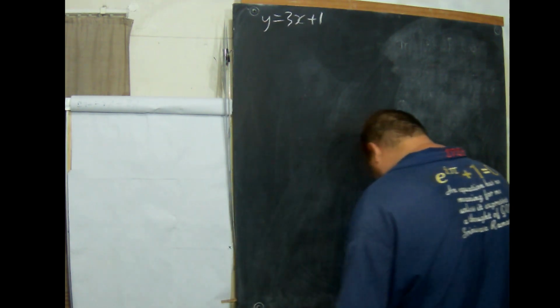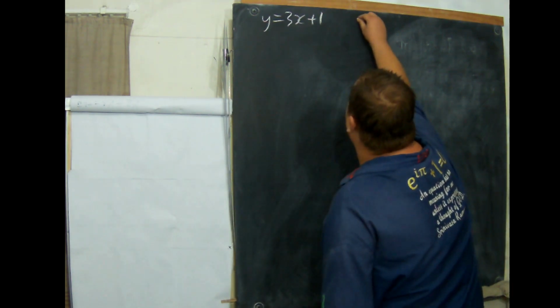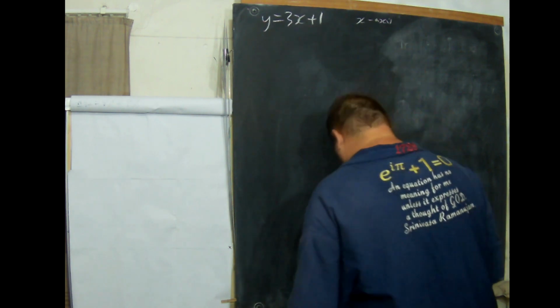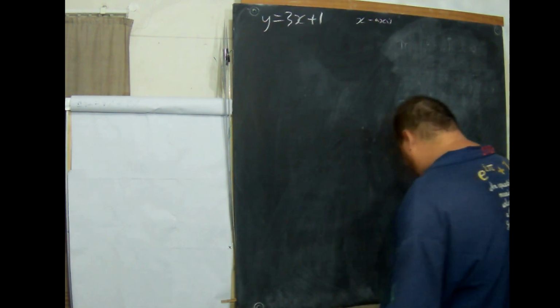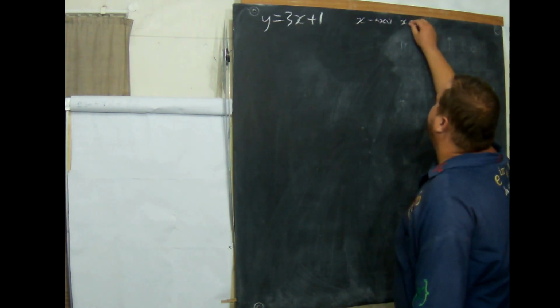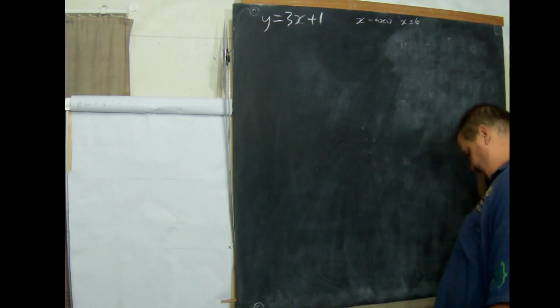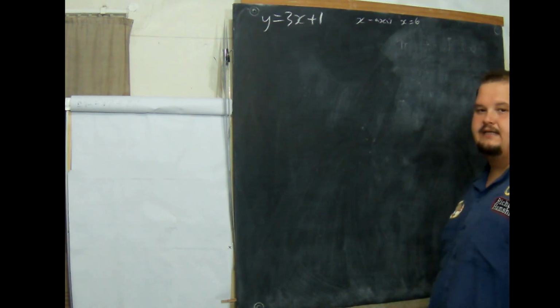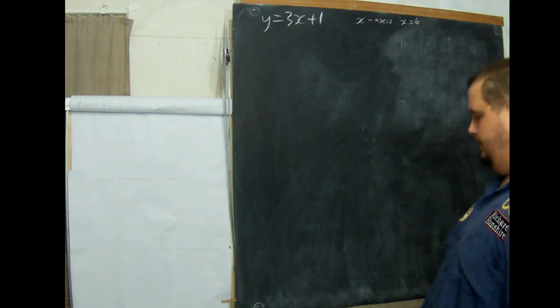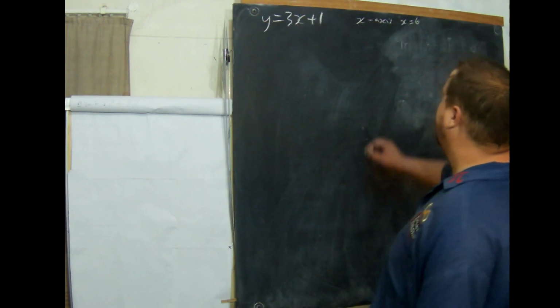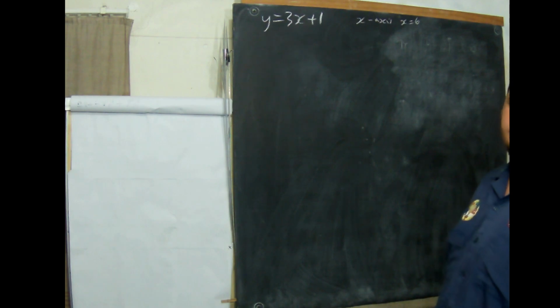Now our limits are given to us: the x-axis, and x equals 6, and this is rotated about the x-axis. So, because of that, we have the x-axis and x, so we're using dx.